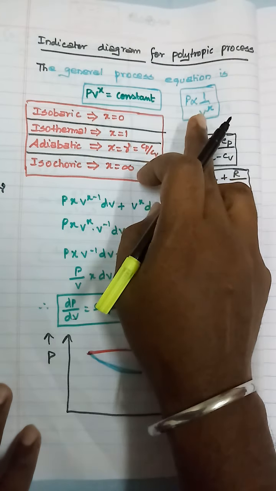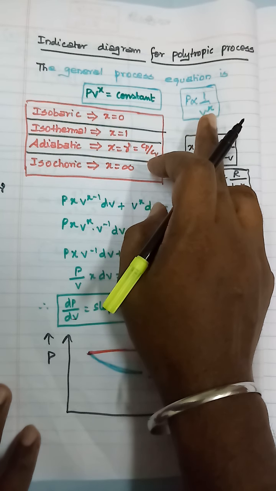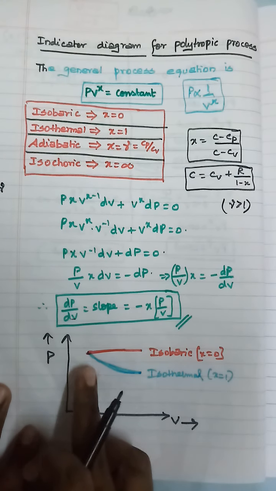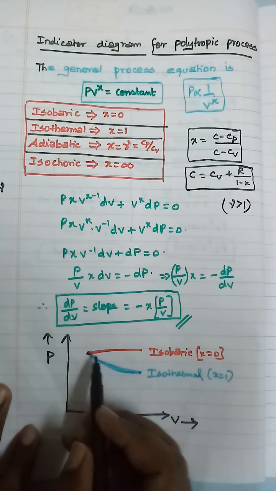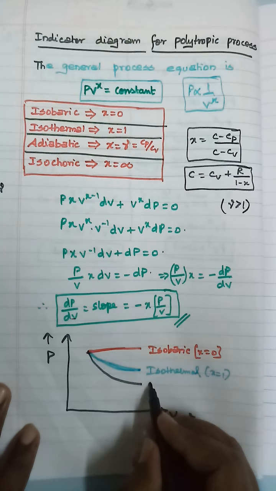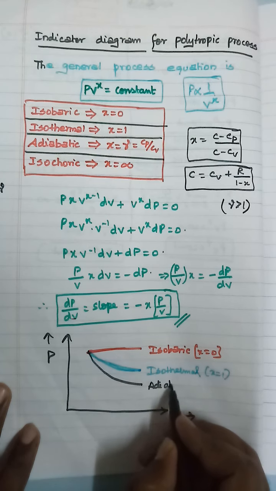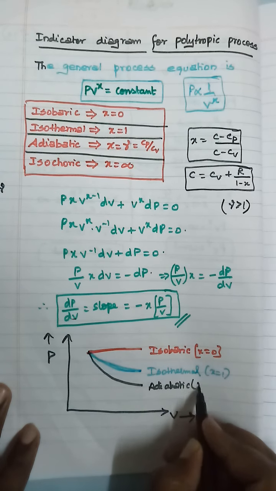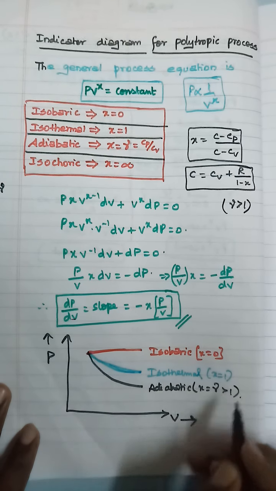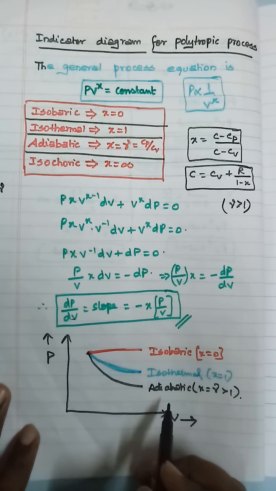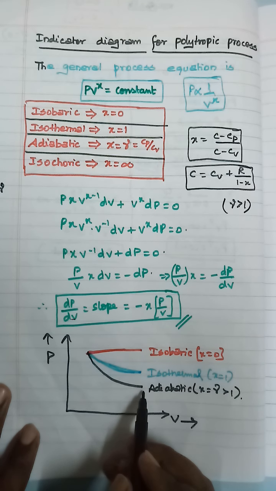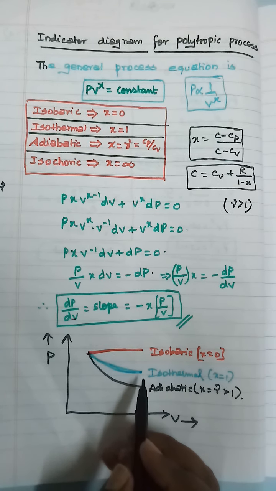So here also it is a rectangular hyperbola, but as gamma is greater than 1, compared to isothermal, the adiabatic curve will be somewhat steeper. This is for adiabatic, where x = gamma, which is greater than 1. So when you compare the isothermal and adiabatic curves, the adiabatic is steeper than the isothermal.